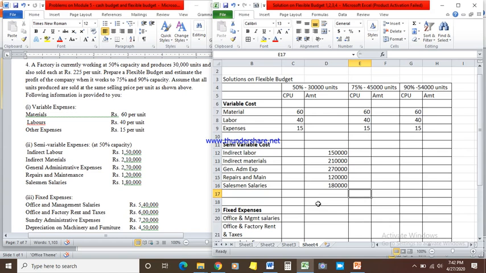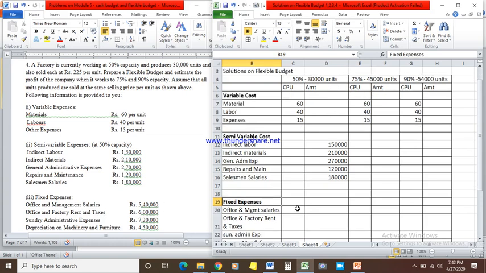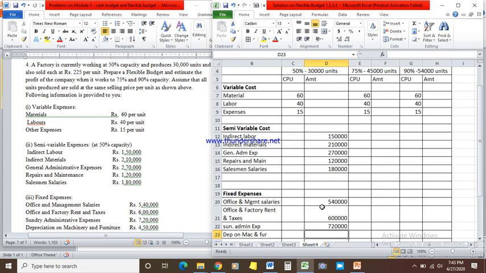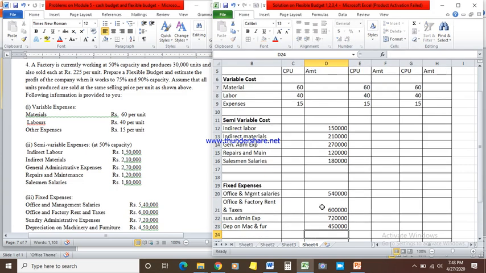This is for the semi-variable cost. Now the next one is fixed expenses. Under fixed expenses, all the fixed expenses are going to remain the same: 5,40,000, then 6 lakh, 7,20,000, 4,50,000. So these fixed expenses are going to remain the same for all the levels.